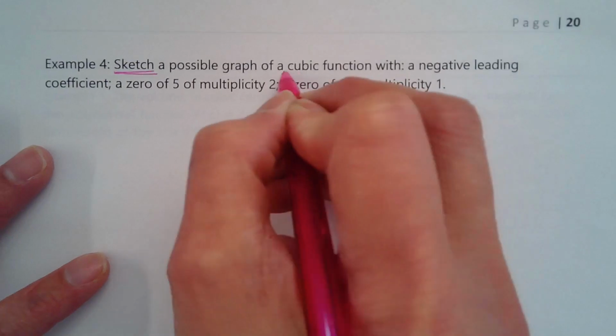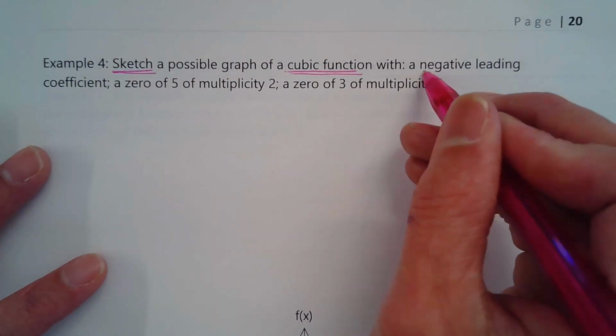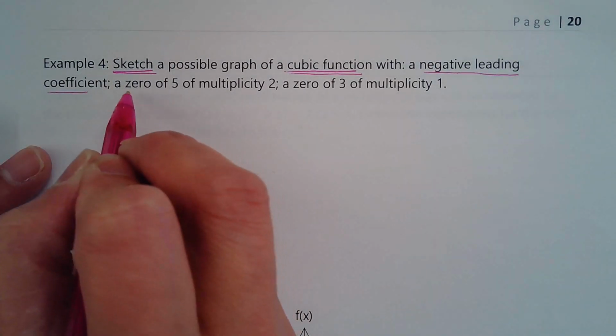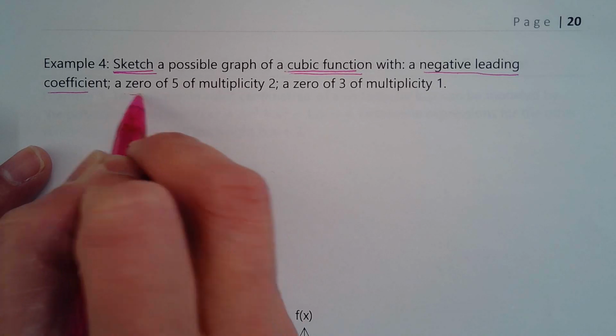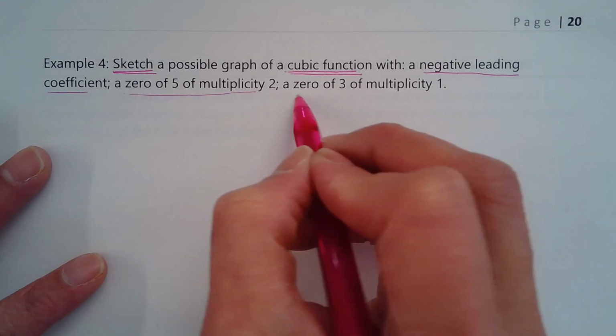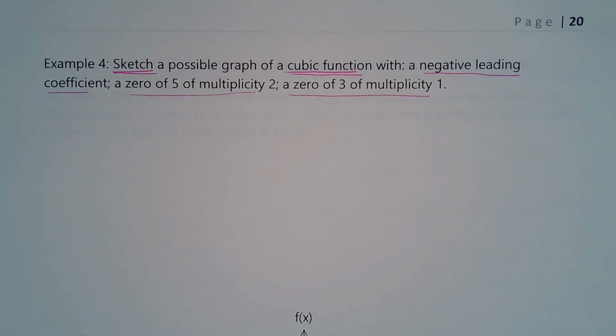Okay, it's already telling us it's going to be a cubic function with a negative leading coefficient, a 0 of 5 with multiplicity 2, a 0 of 3 with multiplicity of 1. Okay, this is kind of like detective work. We're trying to figure out what the clues are to do this.